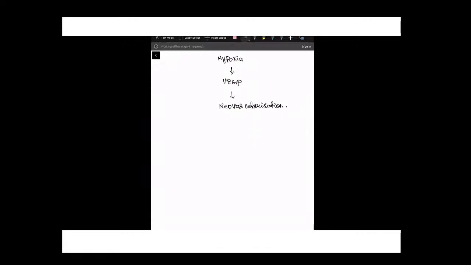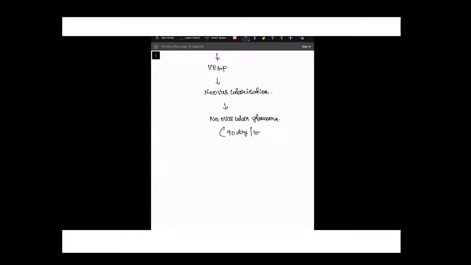And if there is neovascularization, it will cause an important glaucoma called neovascular glaucoma, and the glaucoma that is caused due to CRVO is called 90-day or 100-day glaucoma, because it takes 100 days to develop glaucoma here.